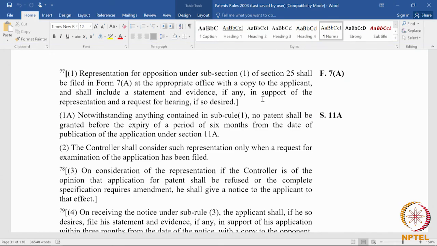We are not saying there could be a risky period. The safe period is 6 months because of Rule 55(1A). So, within 6 months you know for sure the patent will not have been granted.